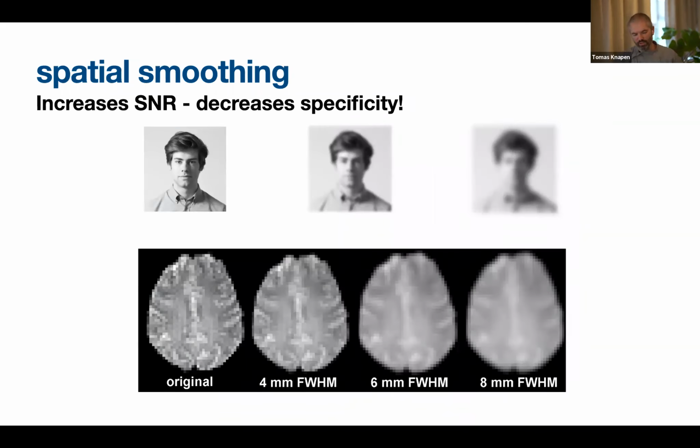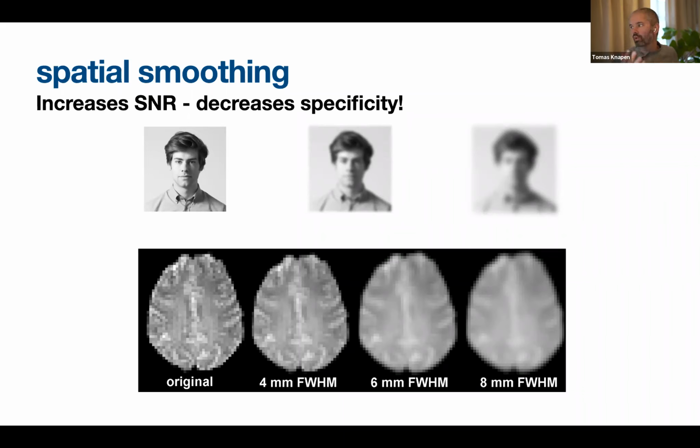One thing that also used to be a thing is people would smooth their data. This is the olden days. We generally would now frown upon this. Because again, even though you might increase SNR, right? Locally you would average away a bunch of noise as you smooth the spatial detail away.